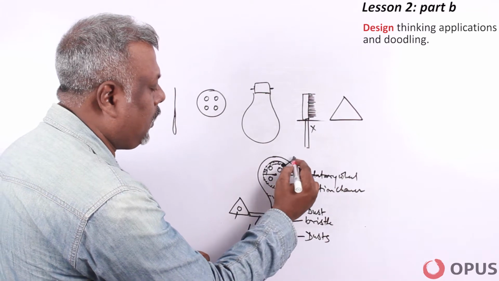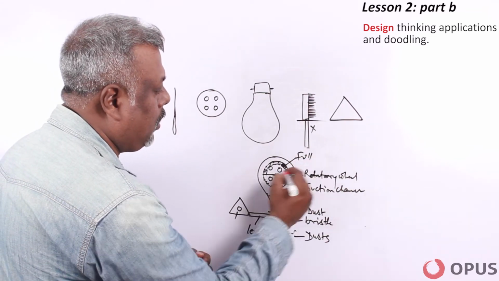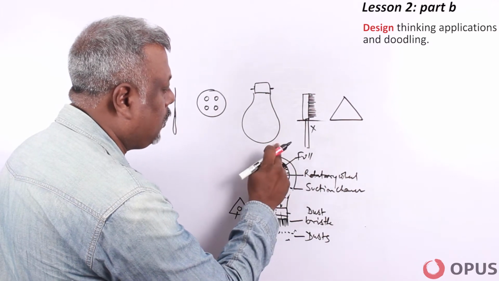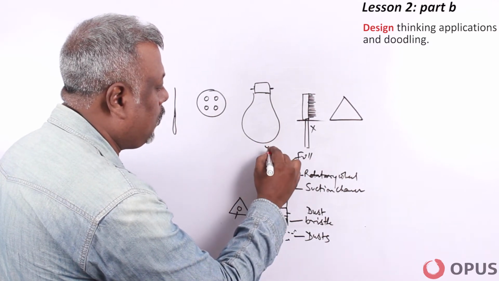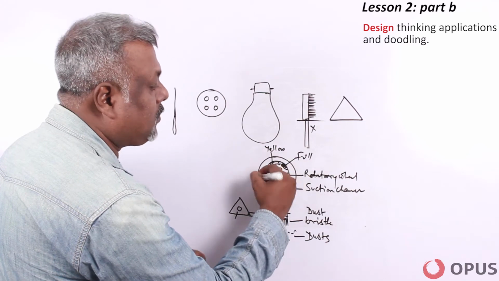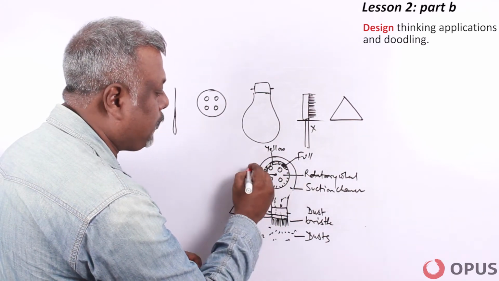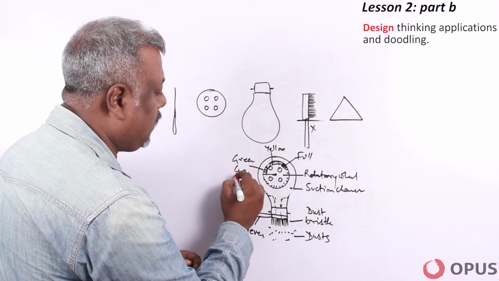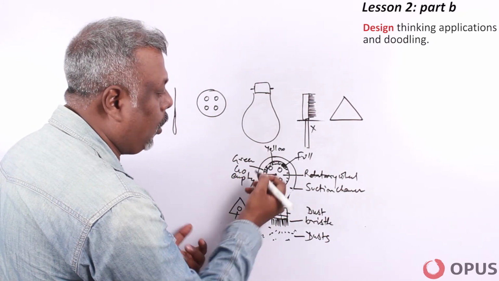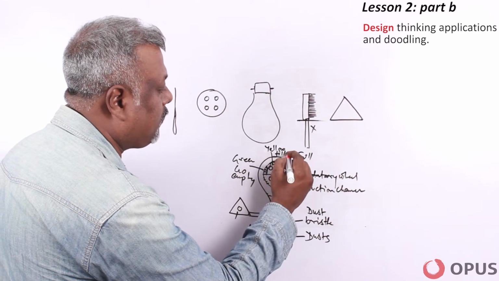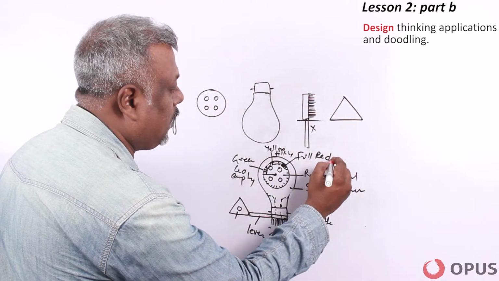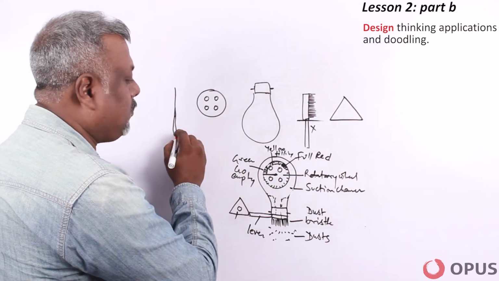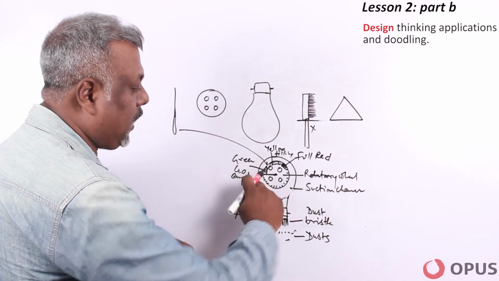Red is full, and green means go, it's empty. Yellow means it's filling up, and red means it's full. So this needle can be used over here as an indicator, right?